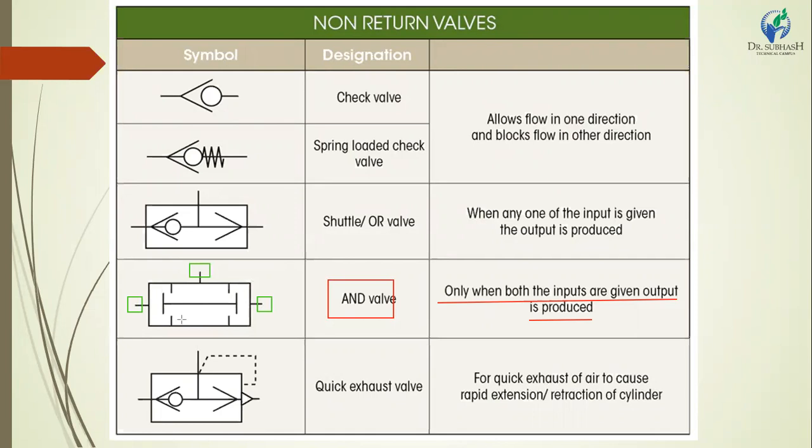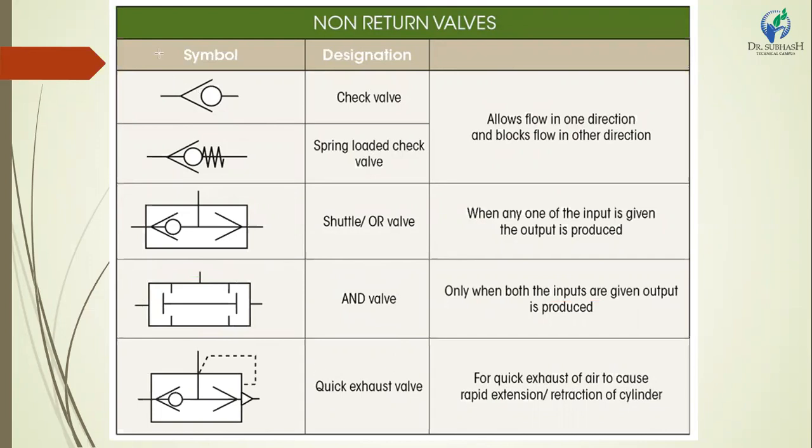If we give flow from this direction, these ports are closed and not in working condition. At this time the flow goes out from this position. When we give the force from this side, the flow works from this side. That's called an AND valve.